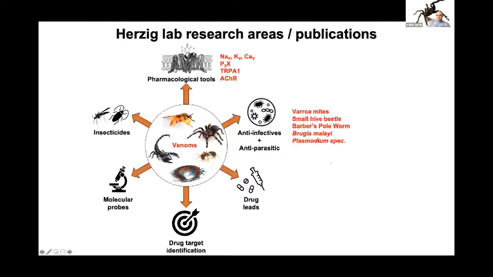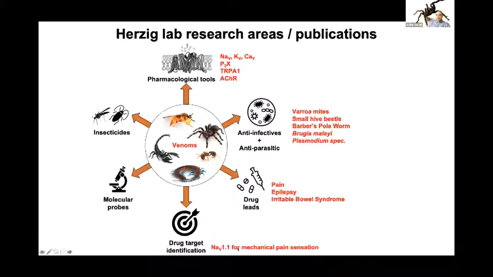We also look for interesting toxin components to target, for example, parasites. My current ARC project is targeted at parasites of honeybees. We also looked into using toxins to treat certain medical conditions like pain, epilepsy, and irritable bowel syndrome.